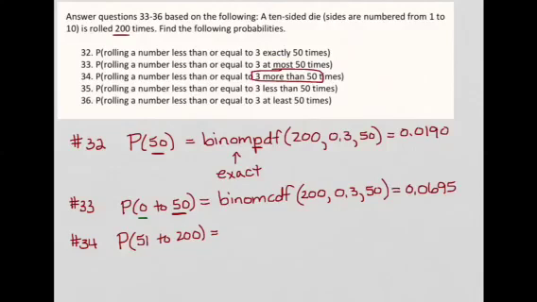So what is the probability of 51 to 200? Well, remember I said the calculator will only let you get the correct answer if we're starting with 0, and we're not starting with 0 here. So what we're going to do to turn this around is we're going to say the probability of 51 to 200 successes. Well, let me write this range of values down at the bottom.